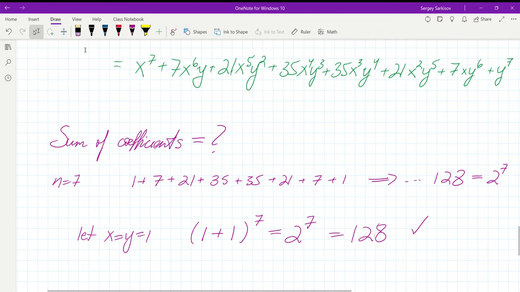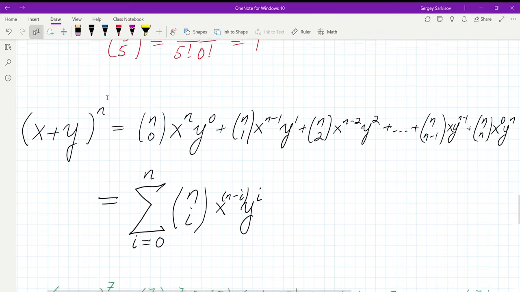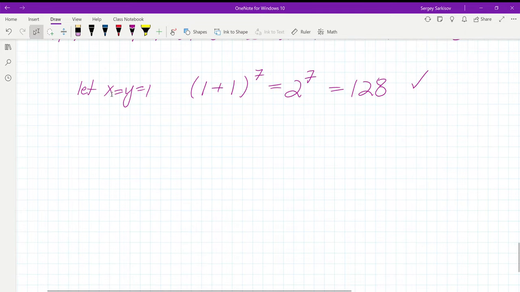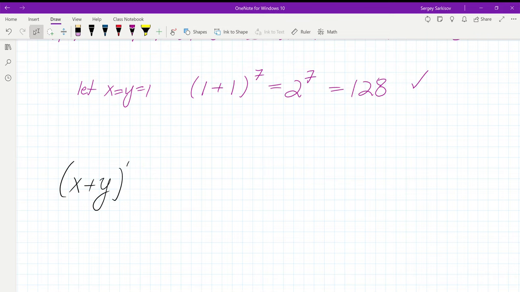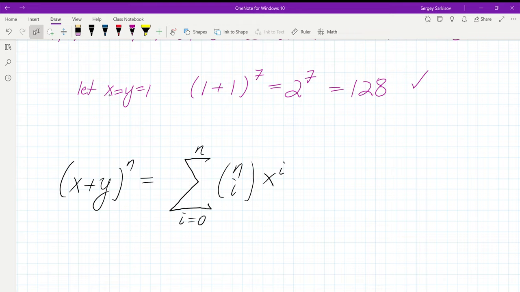And so finally, let's just finish this up. Do you remember this result? Can we do it one more time? Just write the result: x plus y to the n, the binomial theorem, is equal to the summation, from i equals 0 to n, so we have n plus 1 terms, of n choose i, x to the n minus i, since we usually start with the big x, and then y to the i.